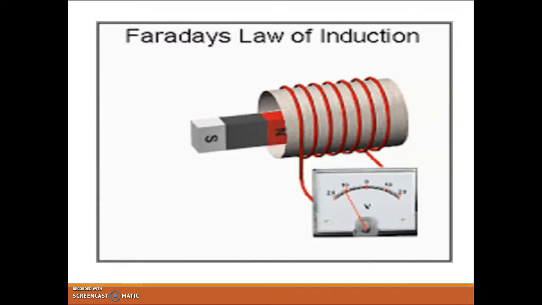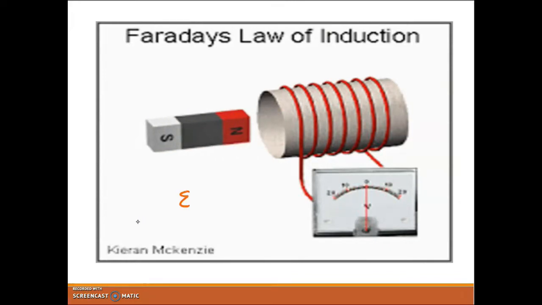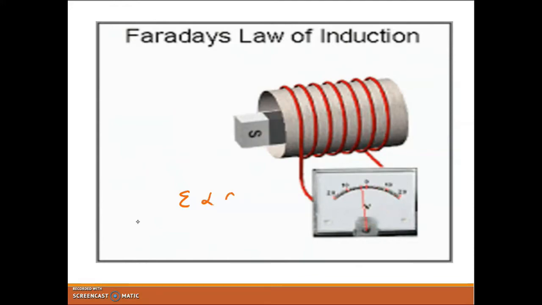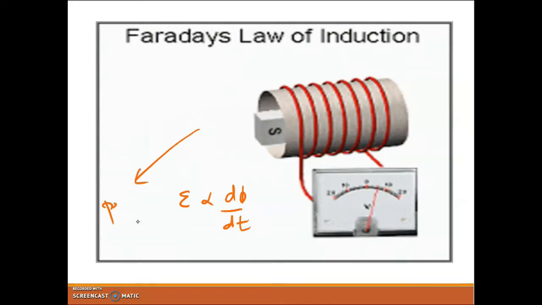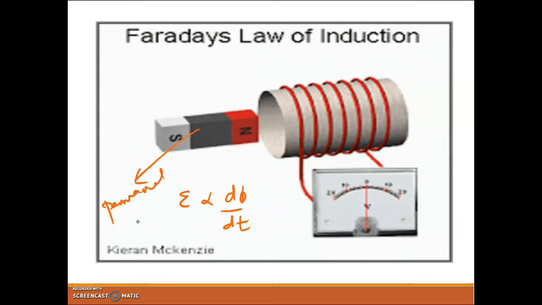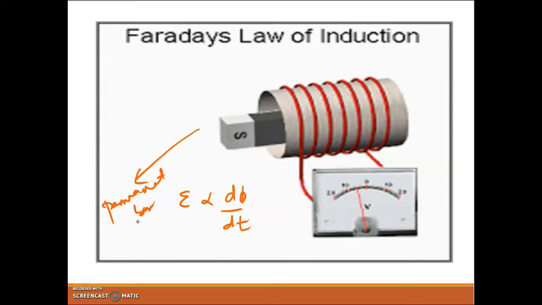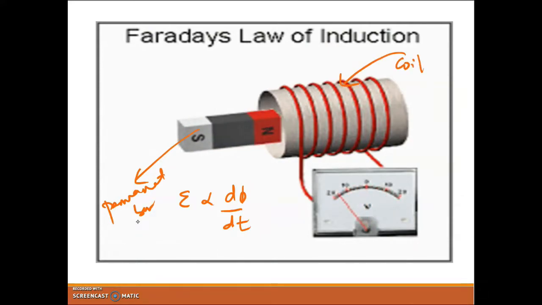The picture shows the simulation of Faraday's law, where the induced EMF is directly proportional to the rate of change of magnetic flux. When there is relative motion between the permanent magnet bar and the coil or solenoid here, the induced EMF will be produced.